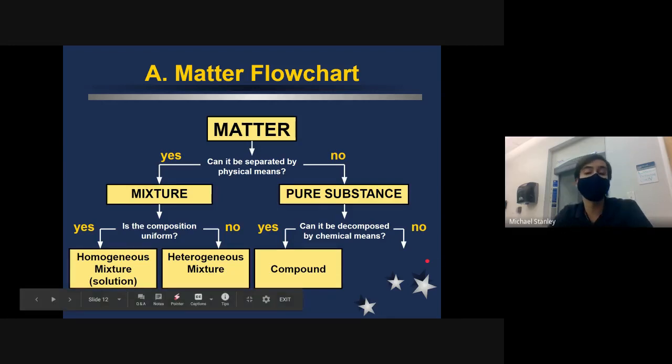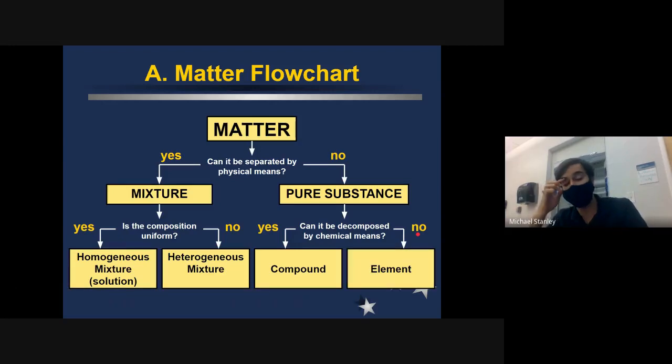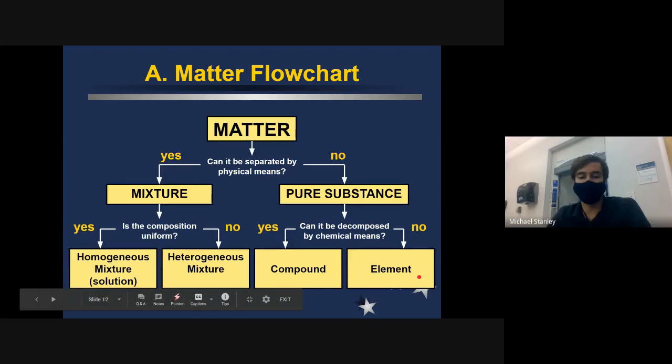On the flip side, if it's only one single type of atom that is there, then it is an element. So elements are when there's just one single type of atom. They're not bonded with anything else. They're not chemically fused with anything. It's just the one single atom.